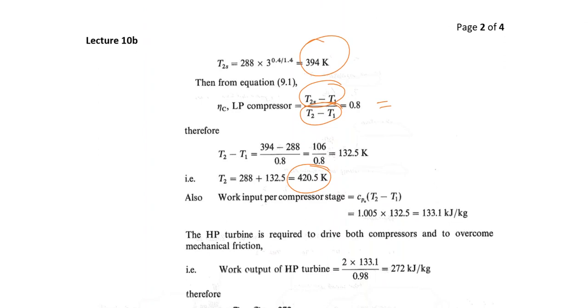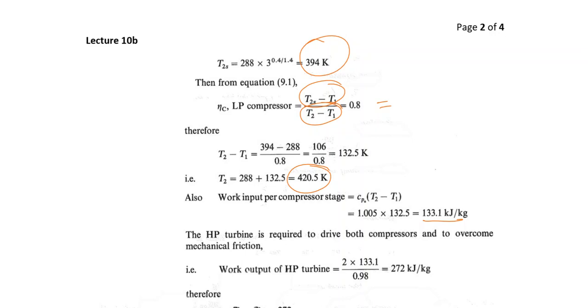If I need to find out the work done of the first stage of the compressor, it would be the change in enthalpy, H2 minus H1, and in terms of air standard analysis, that would be Cp(T2 minus T1). And that comes up as 133.1 kilojoule per kg.